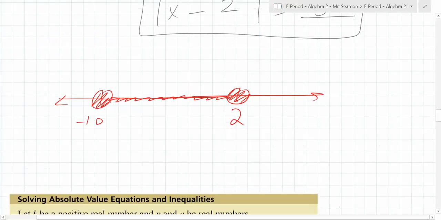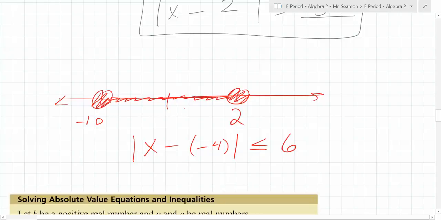Please write the absolute value inequality for that interval right there. It's going to be x minus something. X minus what? X minus -4. And is it going to be less than, greater than, or equal to, less than or equal to? Less than or equal to what? 6, exactly.